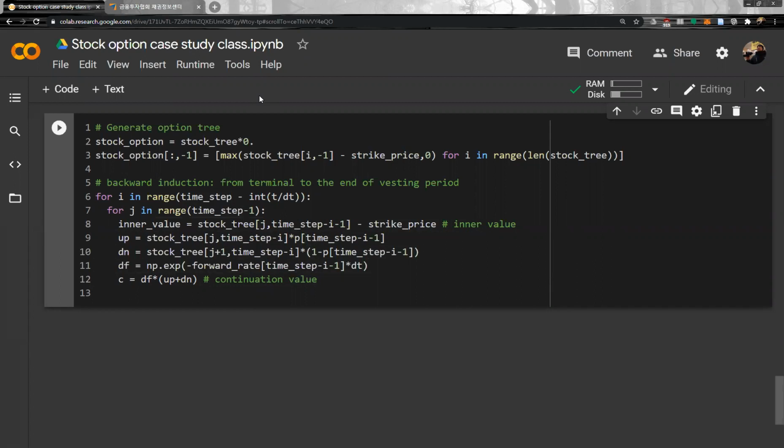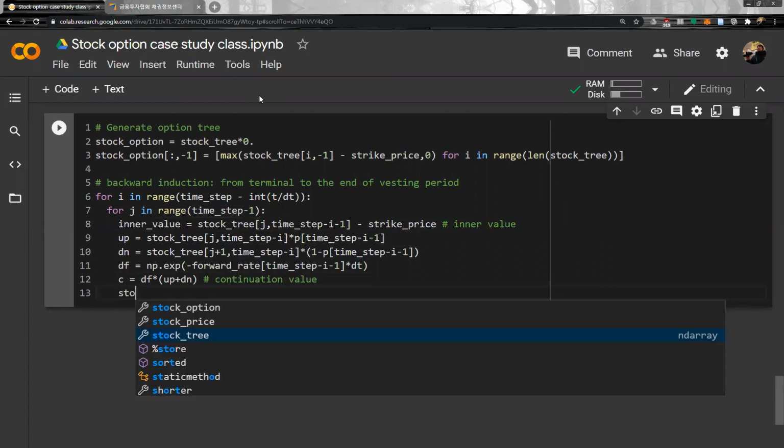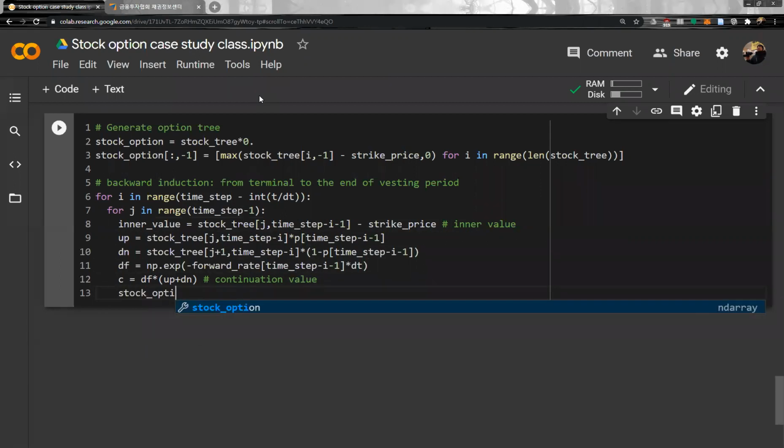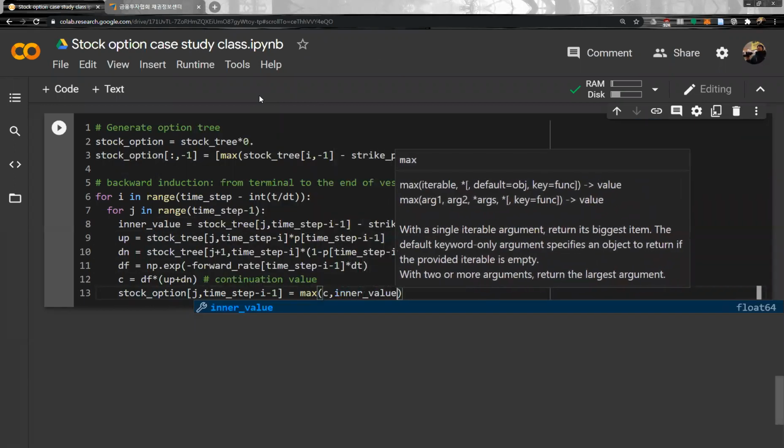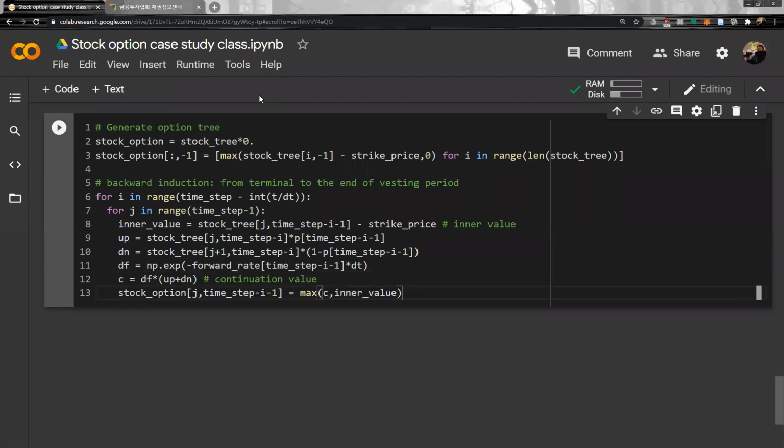So the stock option at this time is the max of continuation value and inner value. Okay, continuation value, inner value. So far, so good.